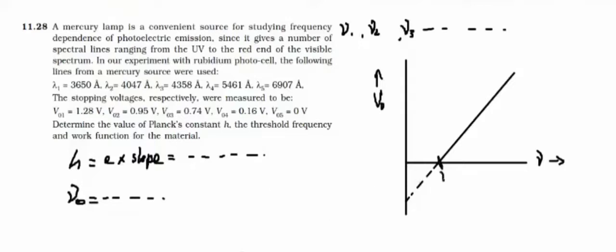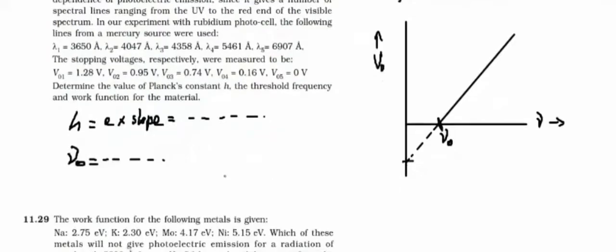So here, this will be the value of nu naught. Then next, the work function. For the work function, you can take the y-intercept of the graph, or you can calculate the work function phi using the formula h nu naught. That is enough.